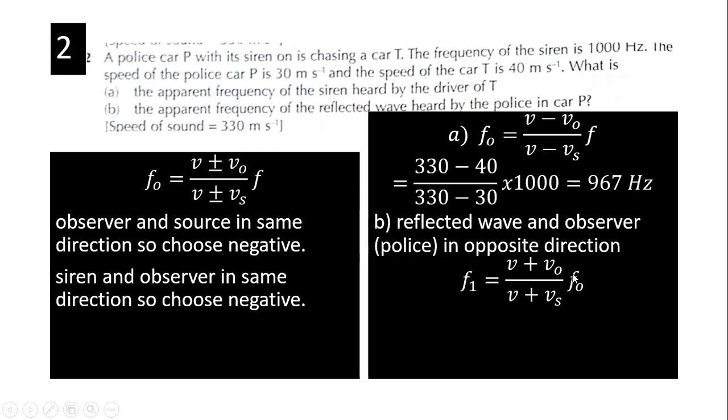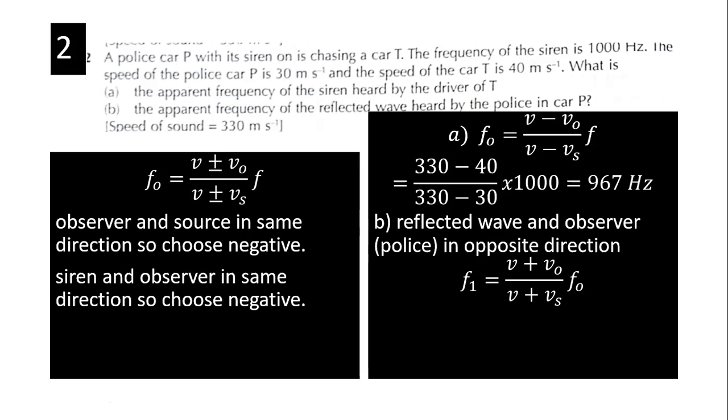So same, positive now. The observer is moving, the source of sound is also moving, but in this case both are positive. Because if you take the car moving to the right and the police car moving to the right, now the source of sound is moving to the right.